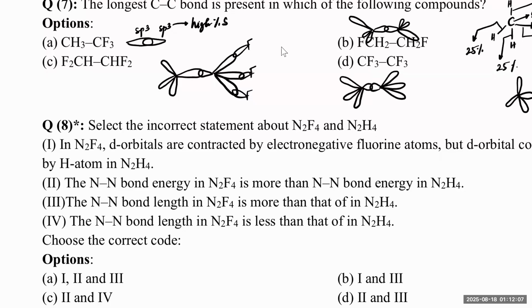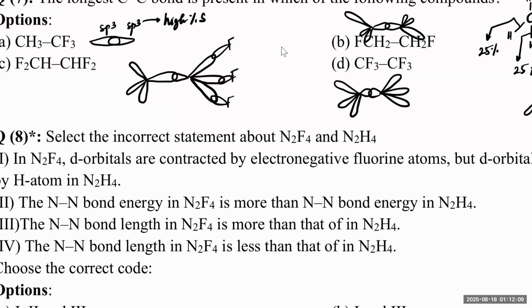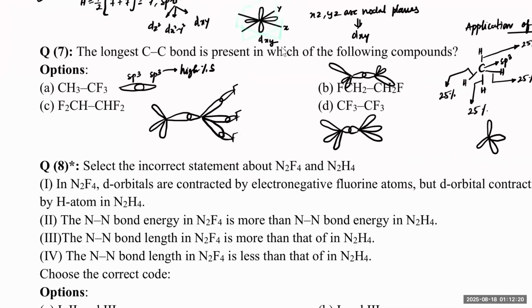This is how the orbital will be. This is CF3, this is CF3 here, and this is CF3 here. So this will be the shortest carbon-carbon single bond length.